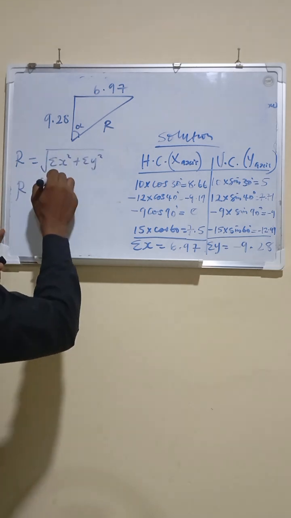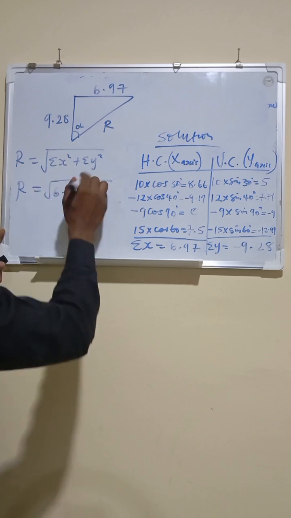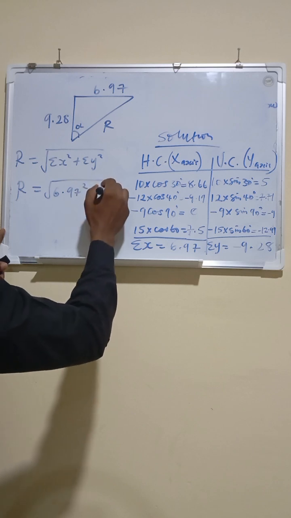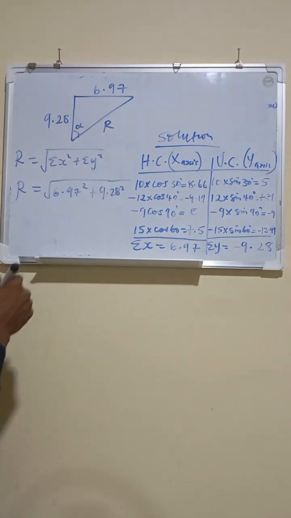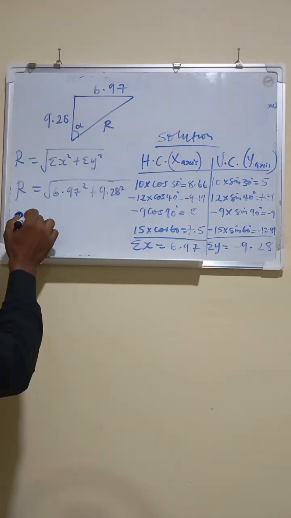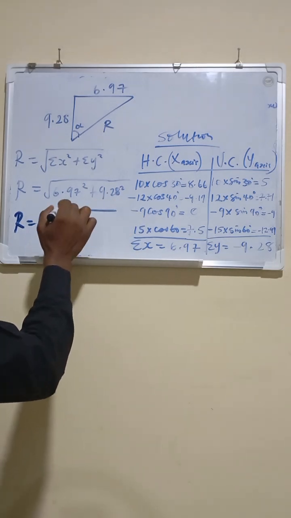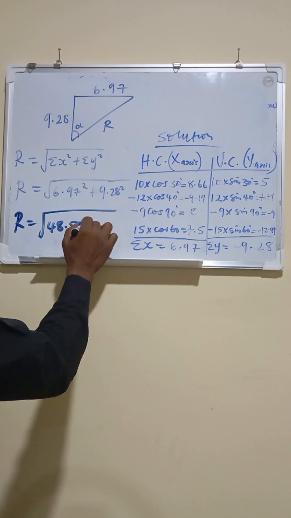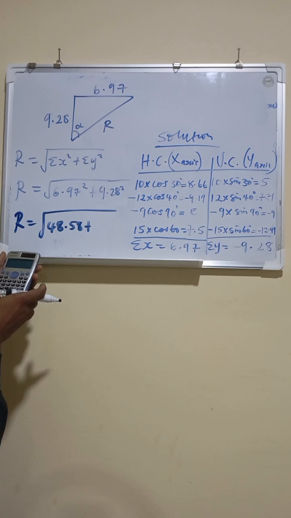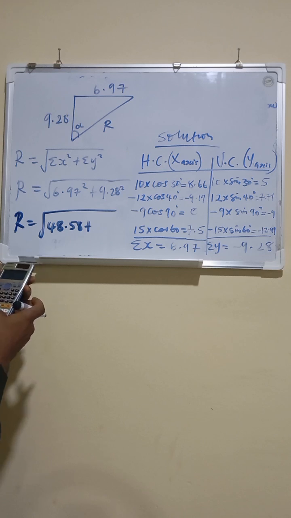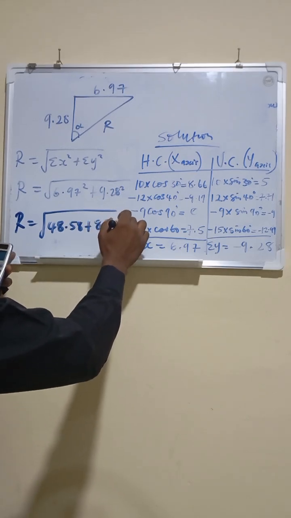So R equals the square root of 6.97 squared, which is 48.58, plus 9.28 squared, which is 86.12.